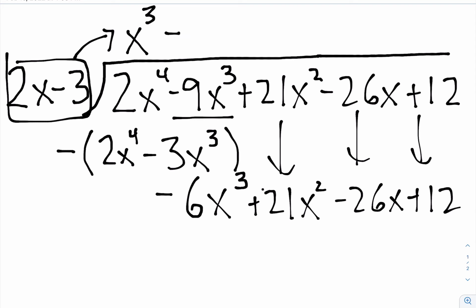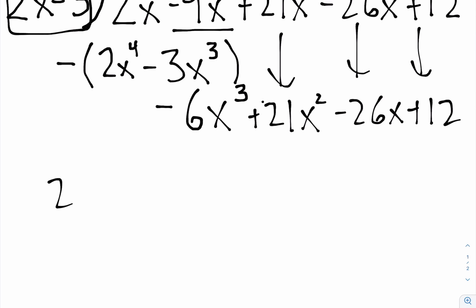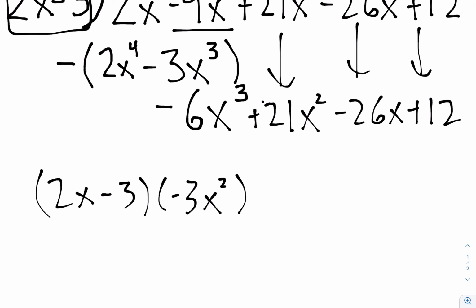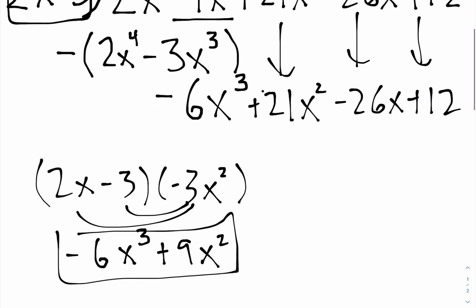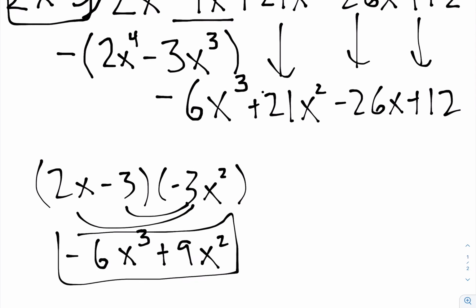If we multiplied it by negative 3x squared, I'll write it down here: 2x minus 3 times negative 3x squared. If we distribute this negative 3x squared, that gives negative 6x cubed and then plus 9x squared. So when you multiply the number you put in the quotient by the divisor, it should give you the same first term as what's already inside the dividend.